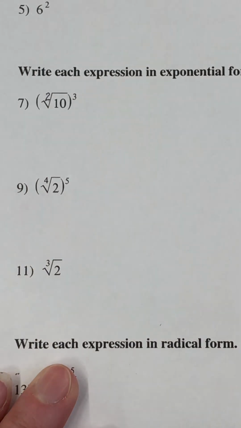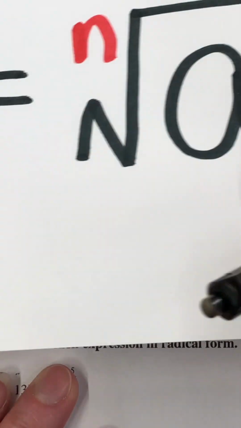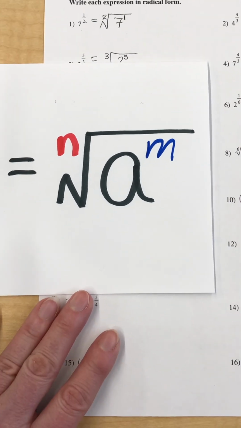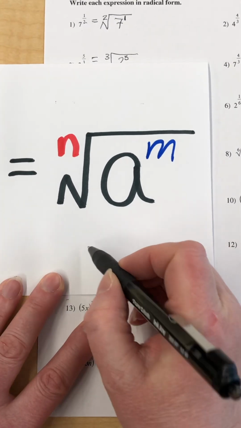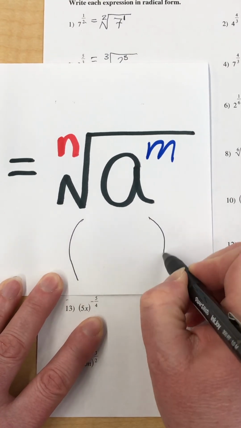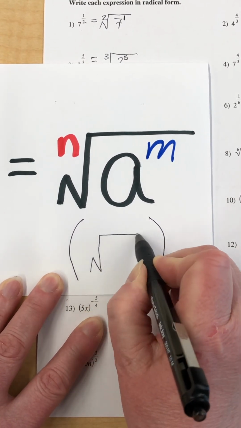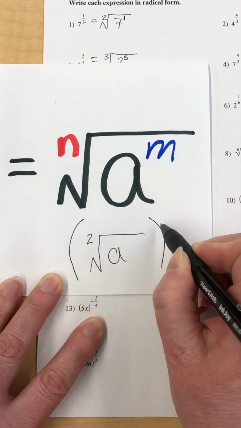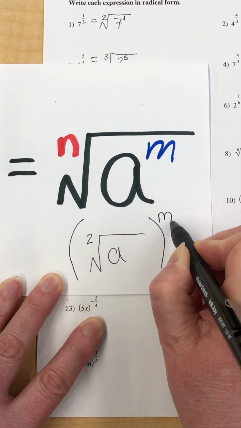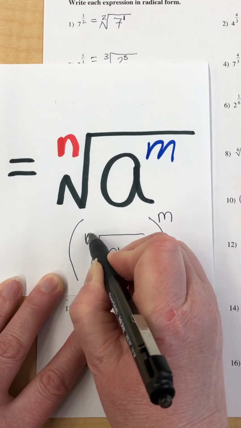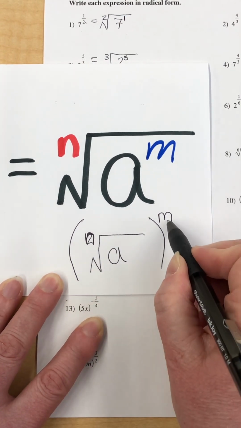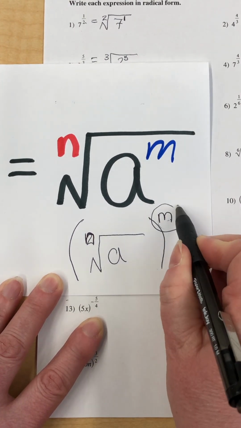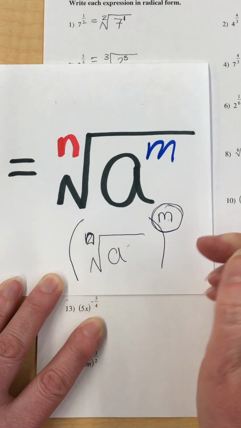And the other thing with this, another way that this can be written is if I have this on the inside, and you have, let's say, the square root out here, and then the m is out here. So this would be the n, and you have an m out here. If it's written like this with parentheses, your m is right here, not right here.